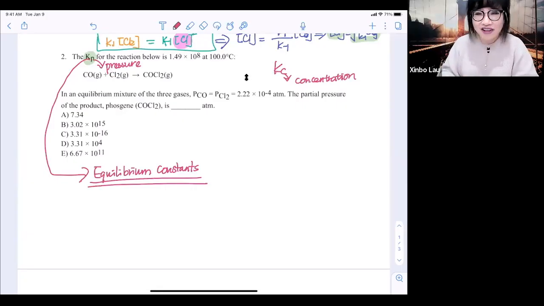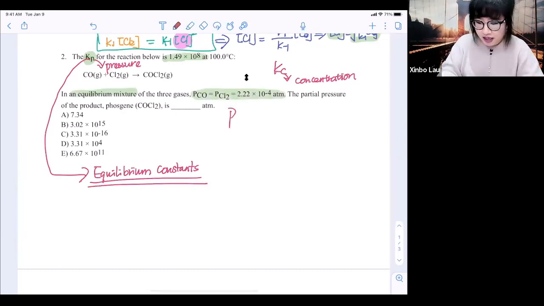So now let's look at this. For this question, let's start to rate it. I give you the Kp value, and then you're given an equilibrium mixture. Now, what do you think these values are? If I ask you to be more specific, those are the pressure of carbon monoxide at equilibrium, and the other number is the partial pressure of chlorine at equilibrium.